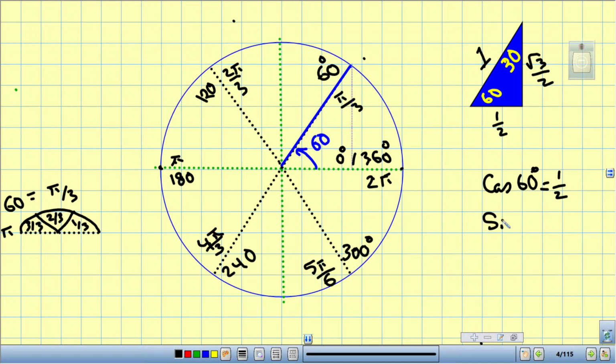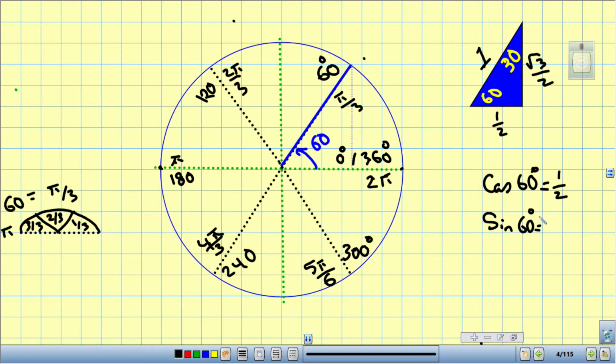Sine. How about sine 60? Some of you gave me the definition earlier. What is the definition of sine? Armani, sine is defined as opposite over hypotenuse.